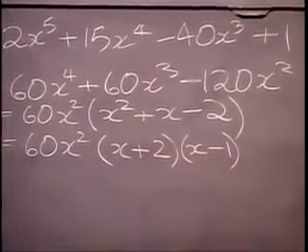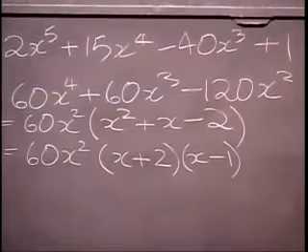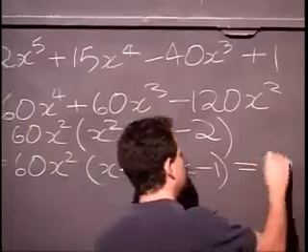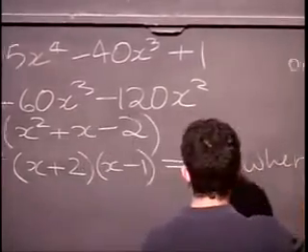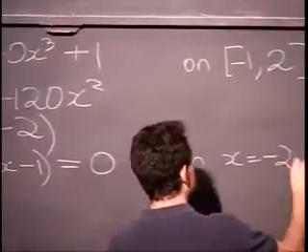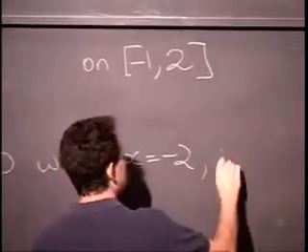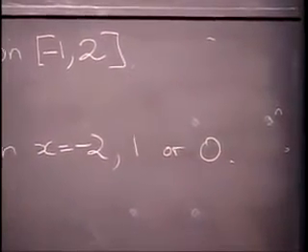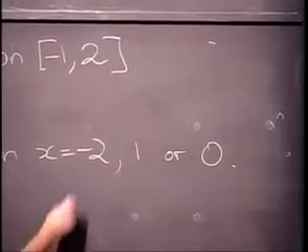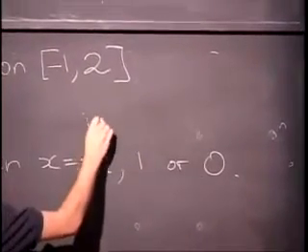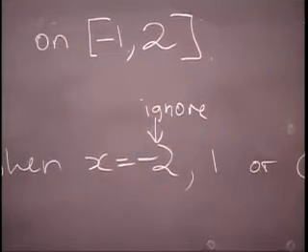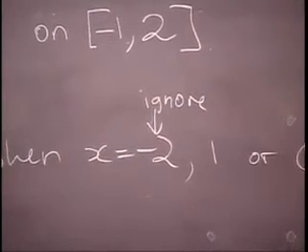So that's the complete factorization of this. And this is clearly equal to 0 when x equals minus 2, 1, or 0. But this one does not matter. I'm going to ignore minus 2 because it occurs outside the domain of this function f.